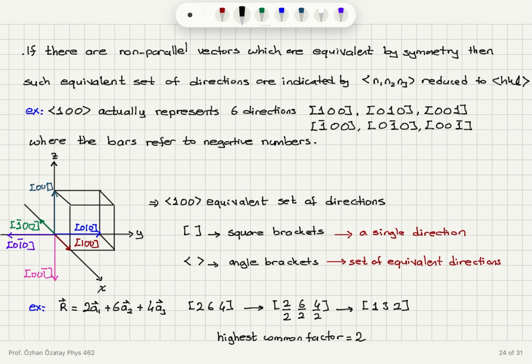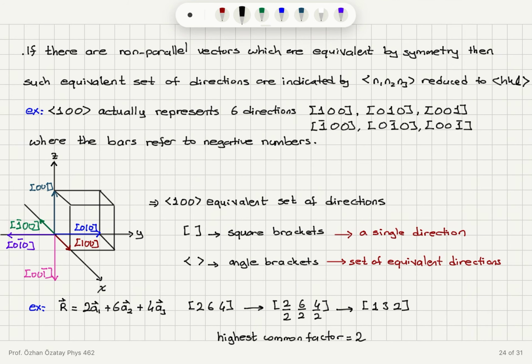So for example, the 1, 0, 0 set of directions actually represents 6 directions: 1, 0, 0, 0, 1, 0, 0, 0, 1, 1 bar 0, 0, 0, 1 bar 0, and 0, 0, 1 bar.